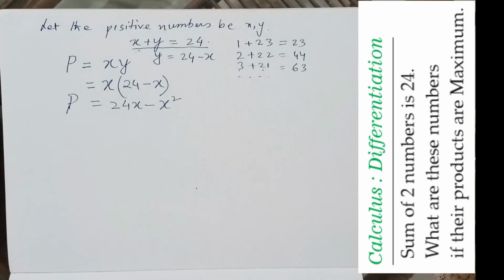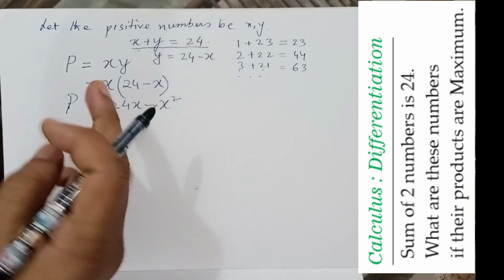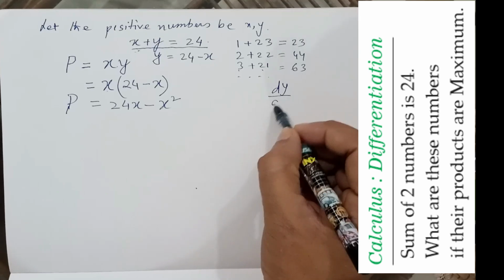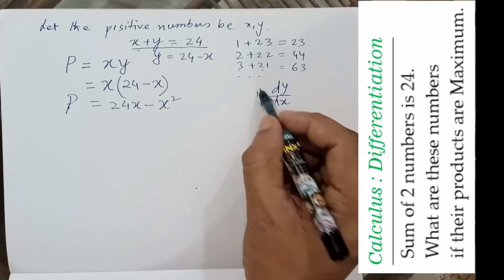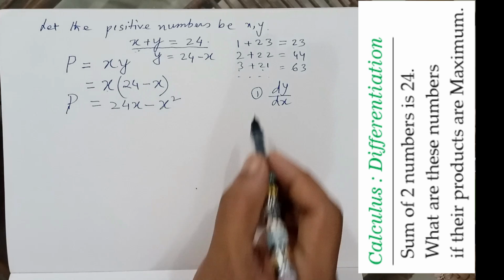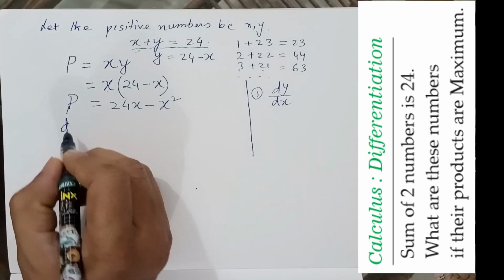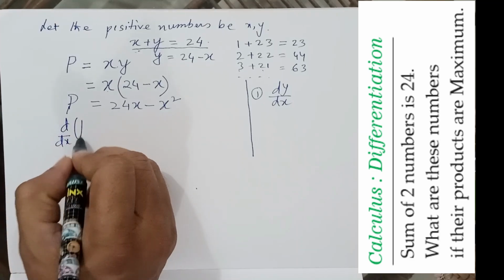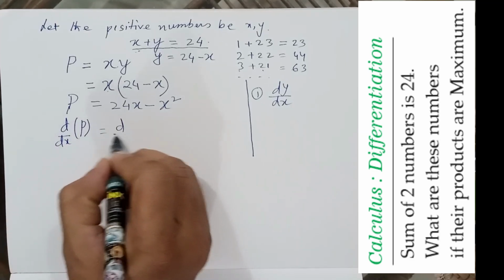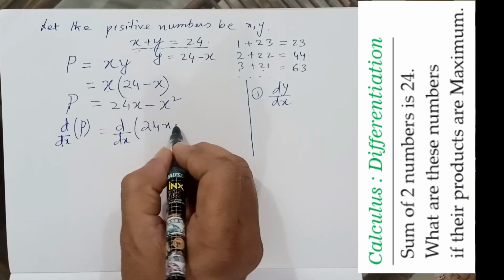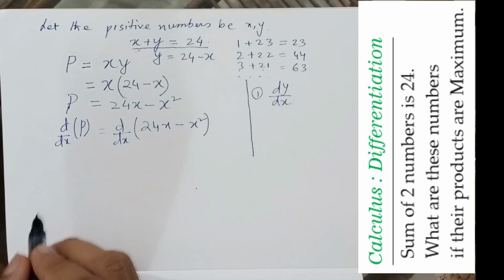So this became an easy problem. Our first step is to do dP by dx: d/dx of P on this side, and d/dx of 24x minus x square on this side.